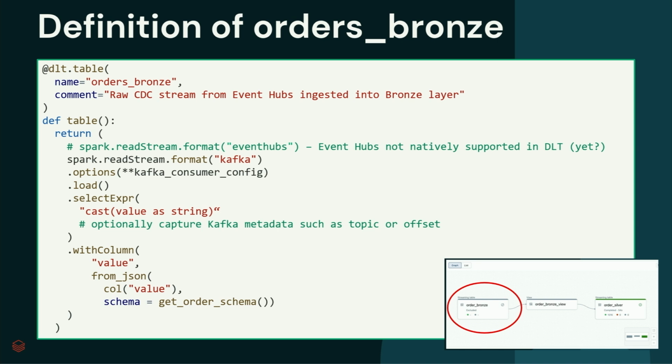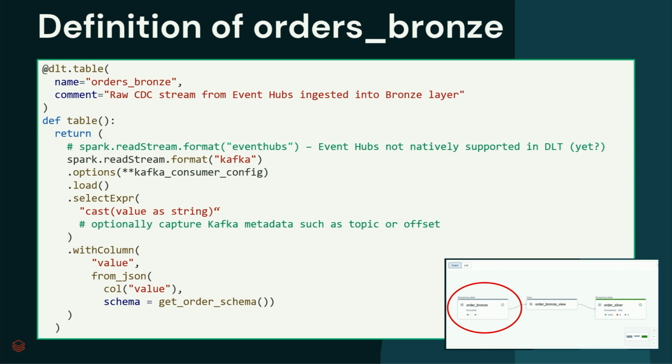At some point, DLT might support Event Hubs natively, and we could maybe do a read stream format Event Hubs. I have to pass options in, authentication, the location or the address of the Azure Event Hub servers, and then I load that data.